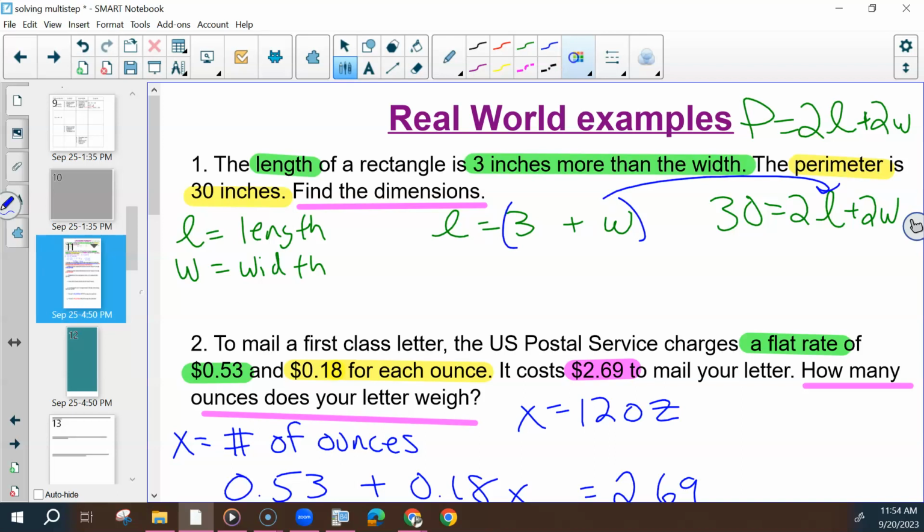But in this case, we're substituting an entire equation into another equation here. So then we can rewrite. 30 equals 2 in parentheses, 3 plus W, plus 2W off the end.